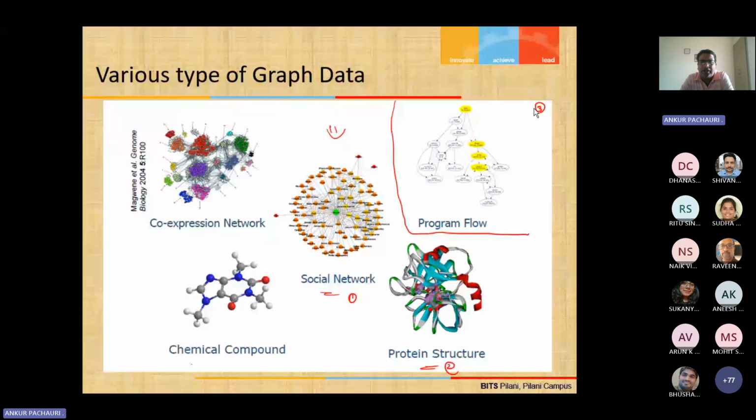Somehow that whole flow can be converted into the form of a graph, either a data flow diagram or a control flow diagram, so DFD or CFD. How data flows, or how control flows, or how the functions are calling.